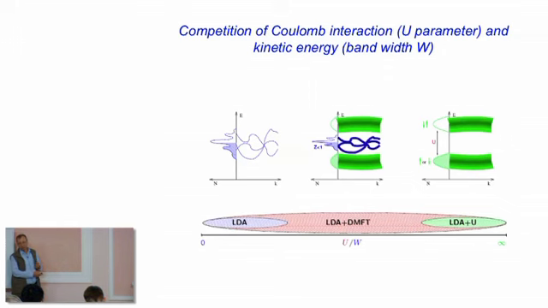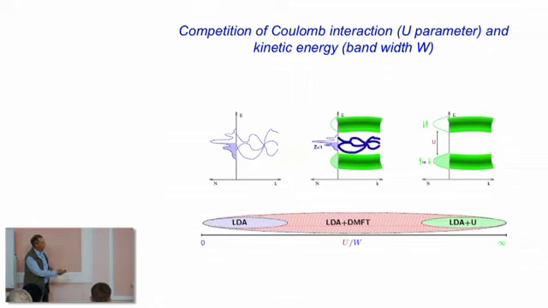So that is the ratio. If this ratio is small, so the correlation effects are weak, then standard LDA or density functional works pretty well. So we have quasi-particle bands and nothing else. Now, the opposite limit, when U/W is very large, that is for free atoms, ions, or for example f-electrons of rare earths. Then they are completely localized, and they can be described by the free ion picture.